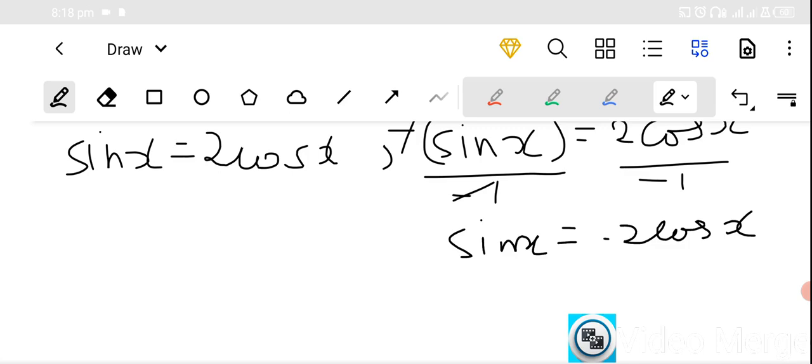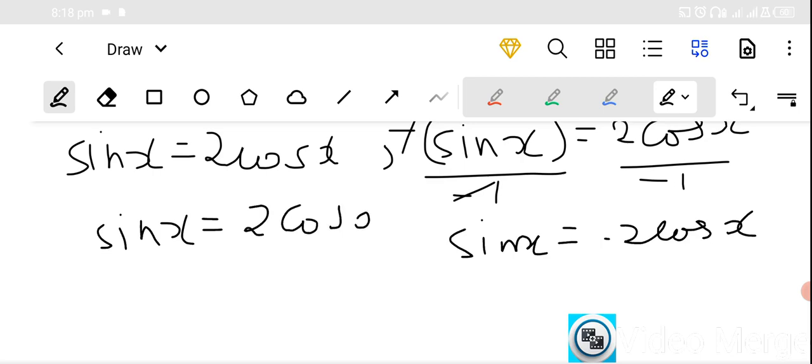So the shortcut method is saying sine x is equal to positive 2 cos x, and then sine x is also equal to negative 2 cos x in this case.